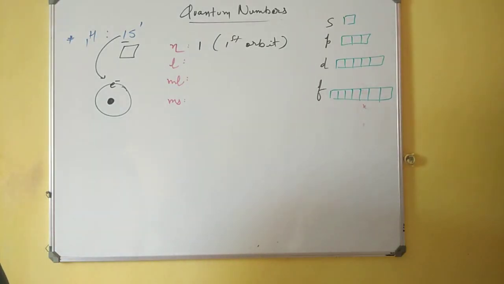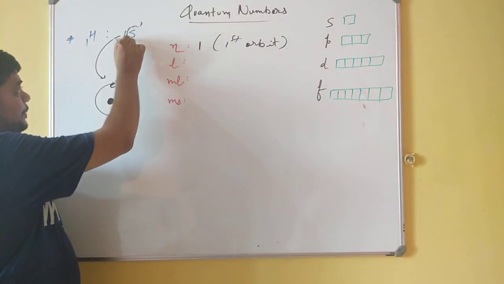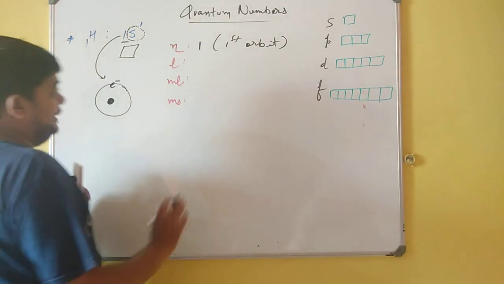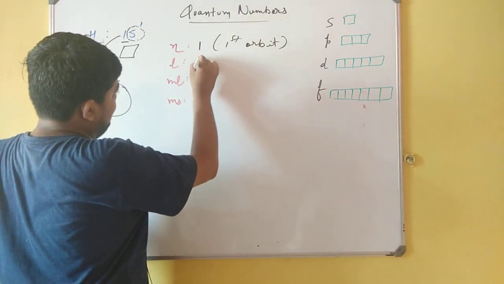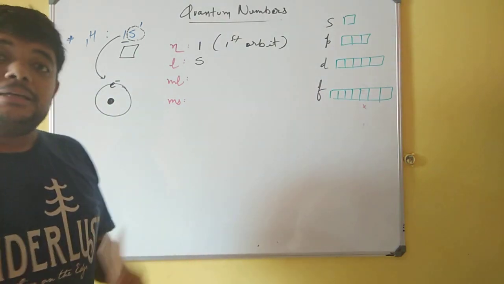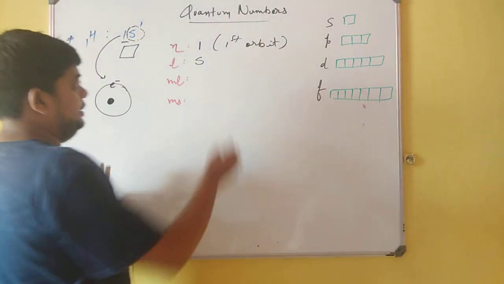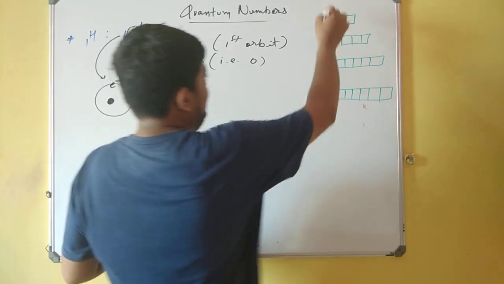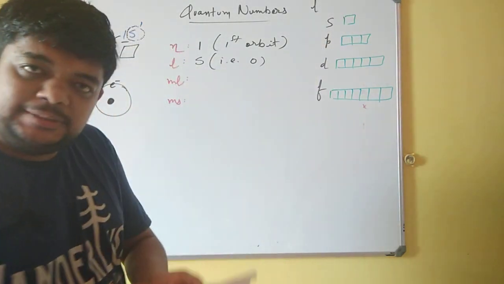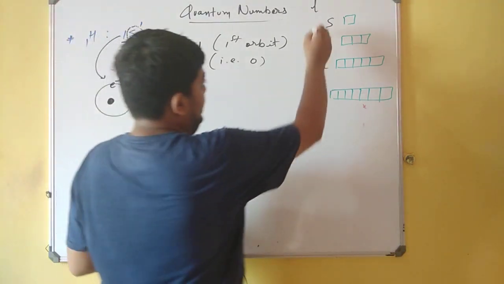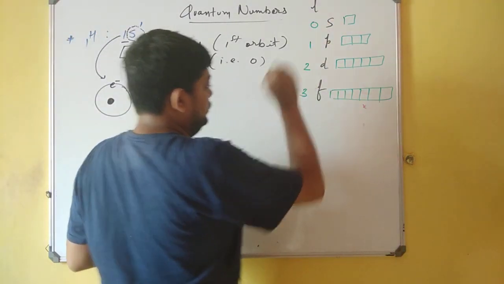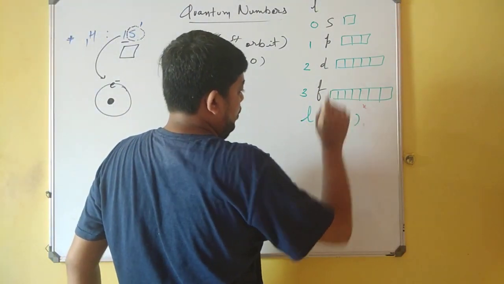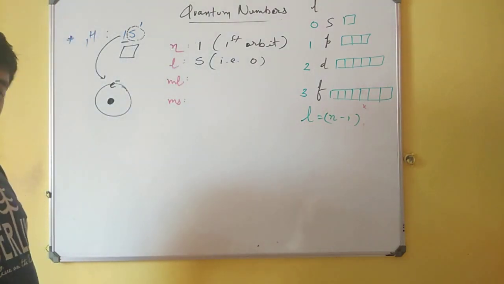Going for l, this value s suggests very clearly that l is s, the suborbit s, the subshell s, but its value is 0. Why? We have already designated small l to be the symbol for subshell or suborbit, and it has corresponding values 0, 1, 2, 3 depending upon the formula l is equal to n minus 1. This is how it works.